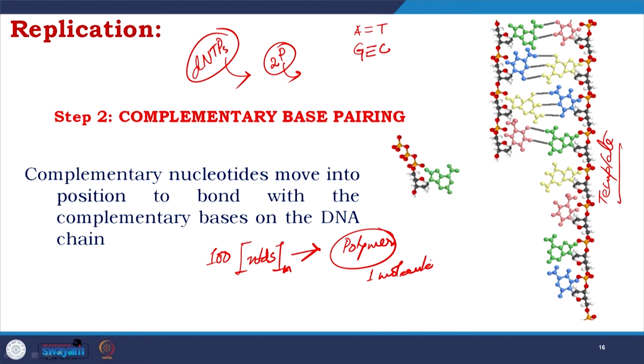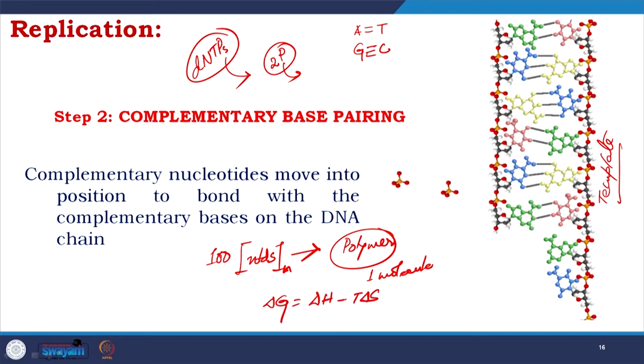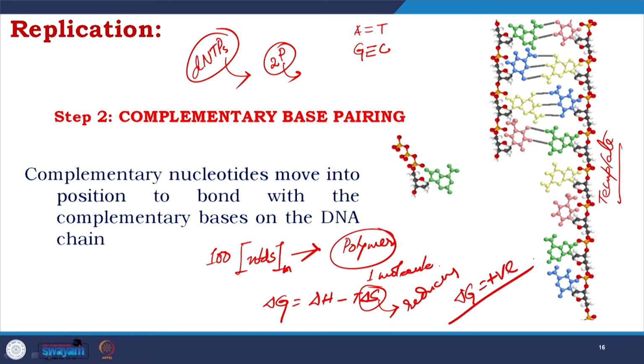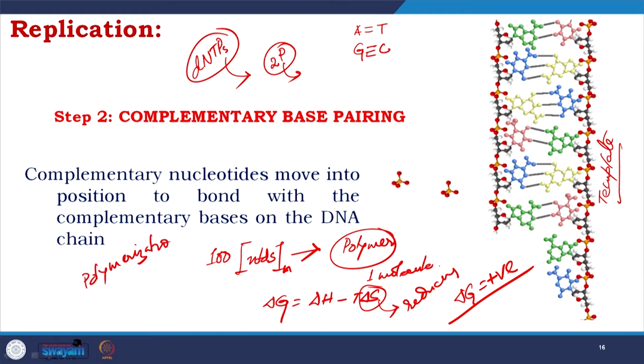So, if you think in terms of thermodynamics, delta G equals delta H minus T delta S, entropy is significantly reducing, which makes delta G positive, which means the polymerization reaction is not spontaneous. So, you need more energy to make delta G negative.